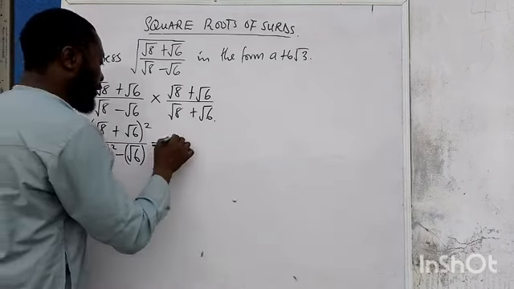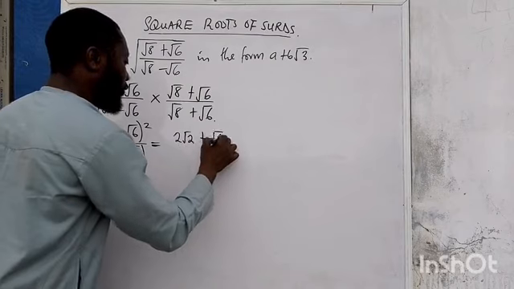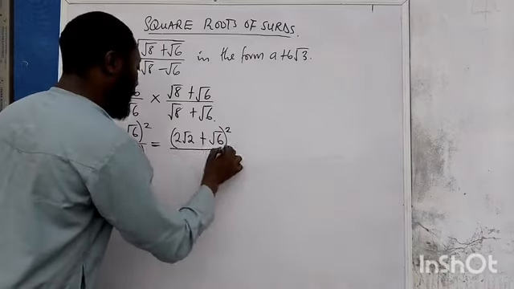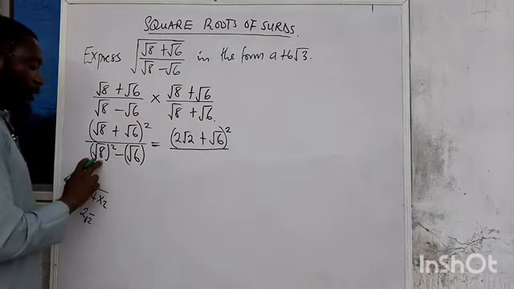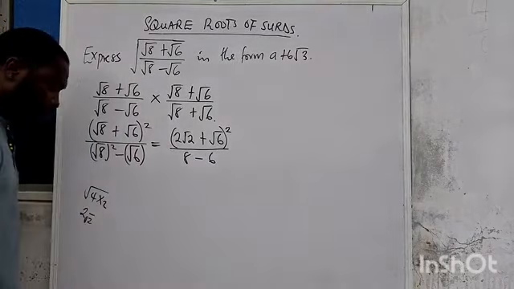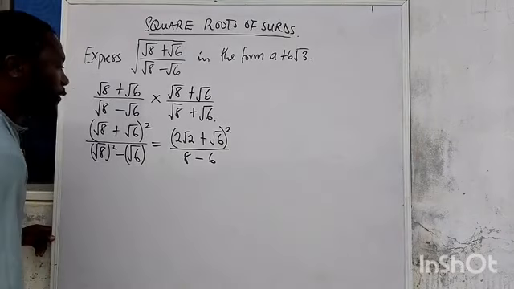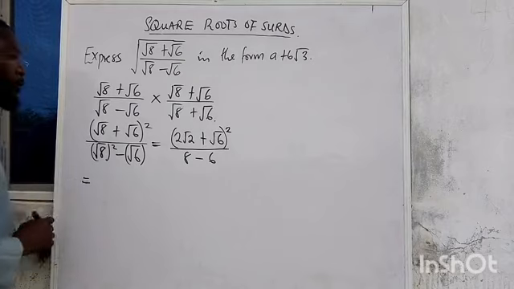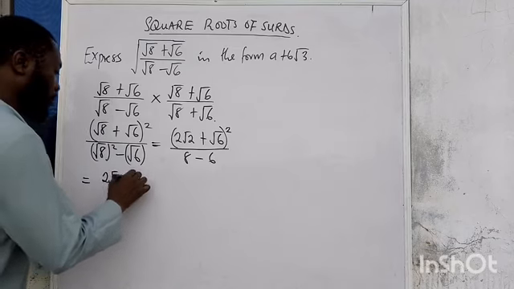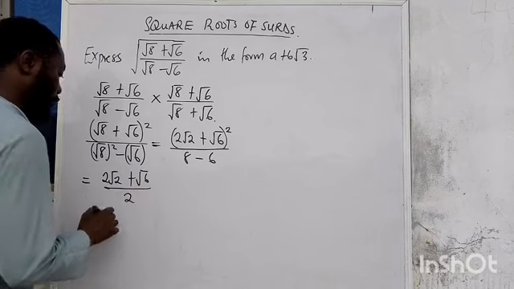I write this as 2 root 2 plus square root of 6, which cannot be reduced further, everything divided by 8 minus 6. This becomes 2 root 2 plus square root of 6, divided by 2.